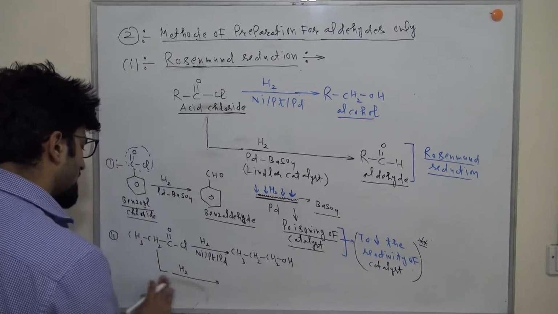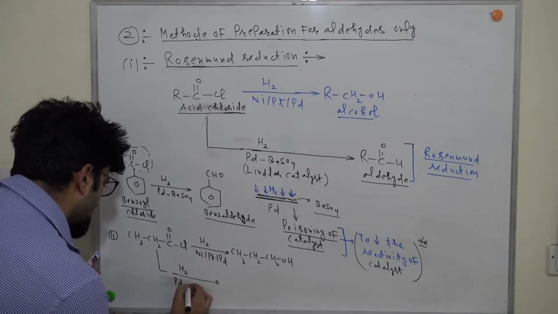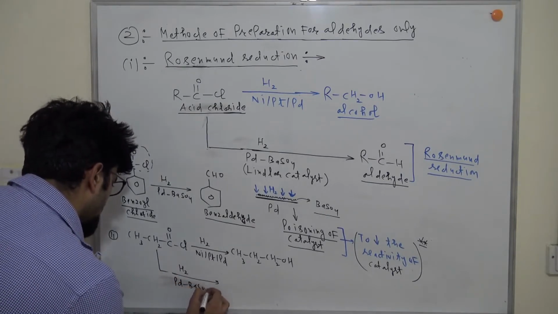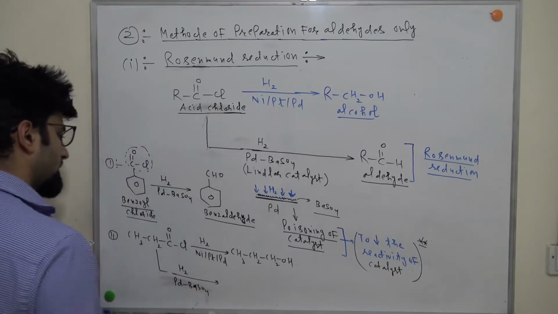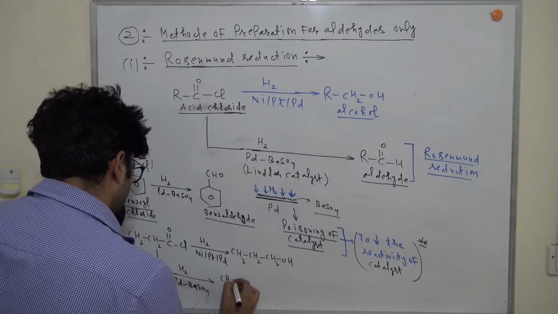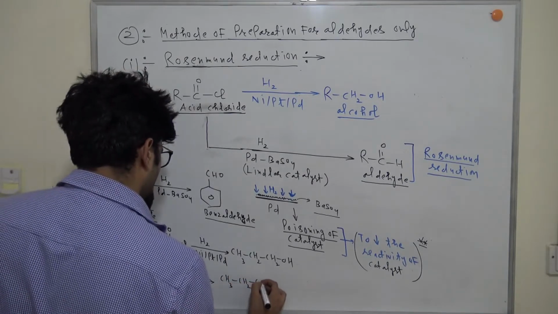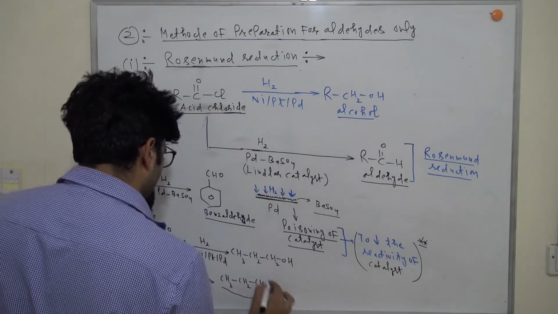Sulfur and even quinoline can also be used, but in NCERT BaSO4 is given. So what will I get? I will get CH3CH2CHO. I will get aldehyde.